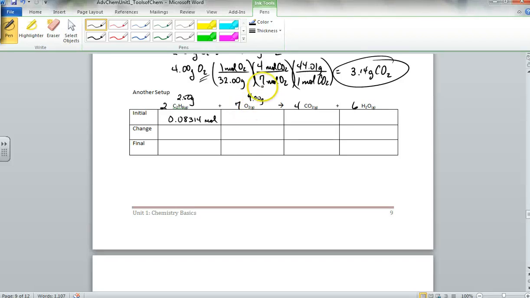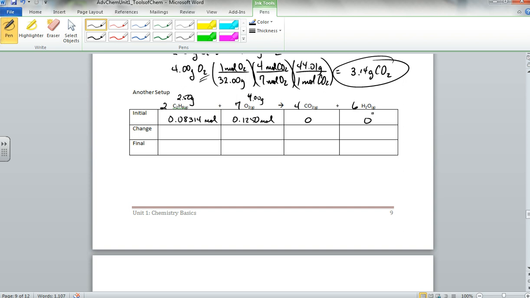The 4 grams of oxygen, when you convert it to moles, dividing by the 32.00 grams per mole, gives you 0.1250 moles of oxygen. And at the beginning, the reaction hasn't happened yet. We have 0 moles of carbon dioxide and 0 moles of water. We have not produced any of our products yet.